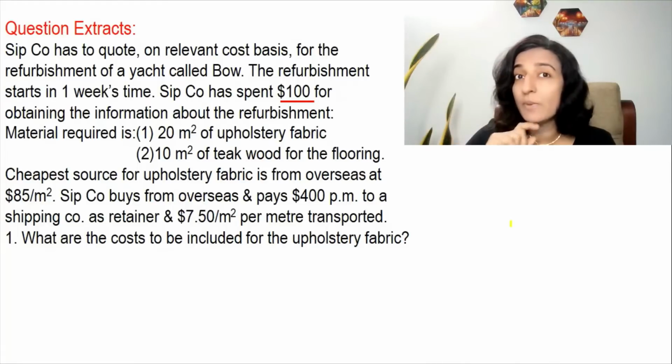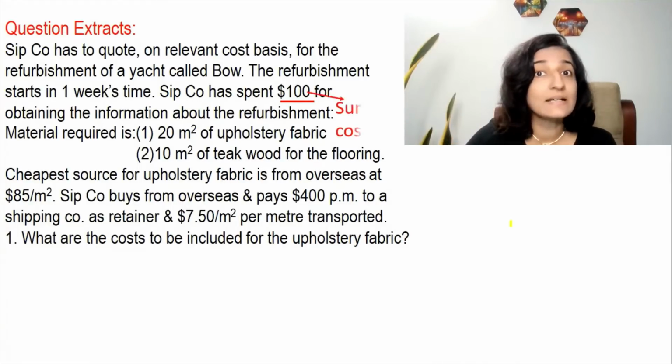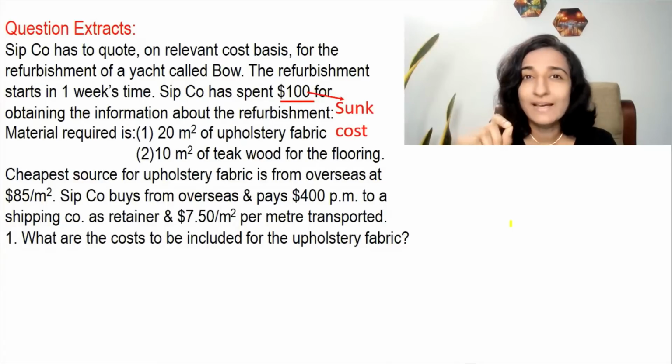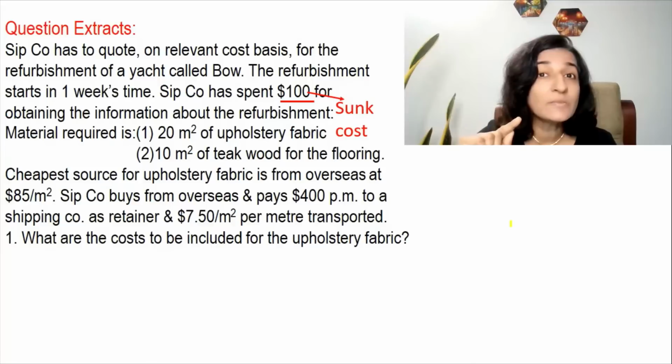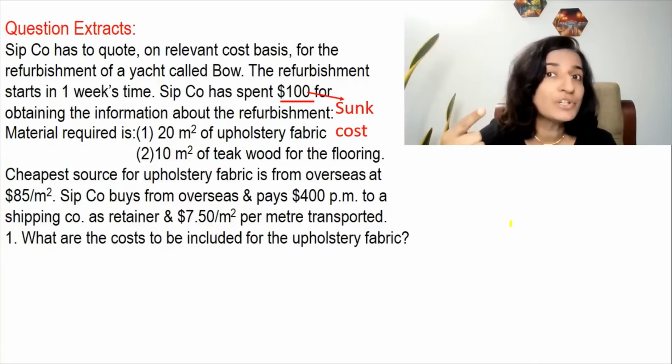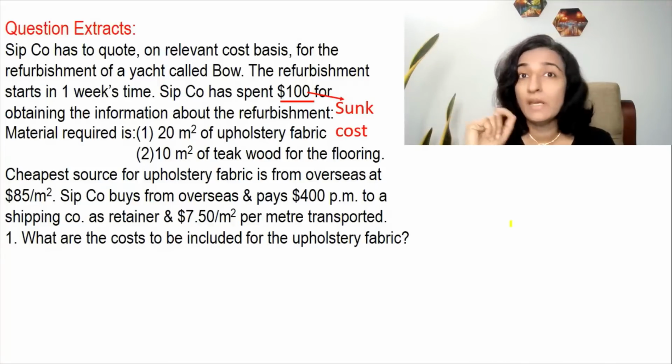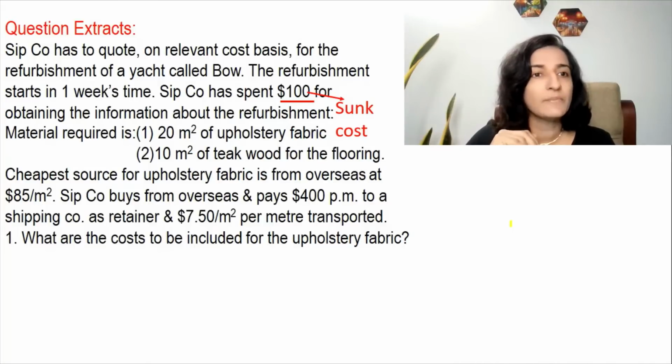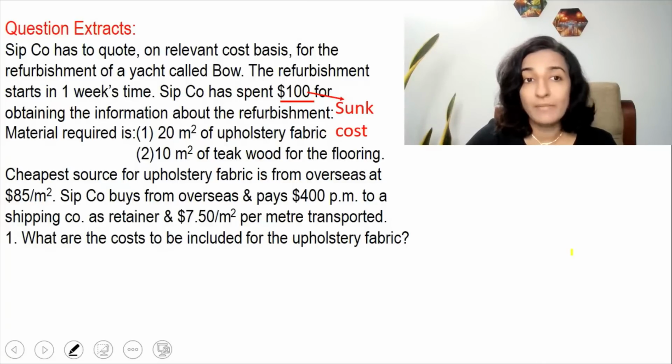Another word for past cost is sunk cost. And we know that sunk cost is never relevant because all expenses should be related to the future. Only then will it be a relevant cost. So completely ignore $100.